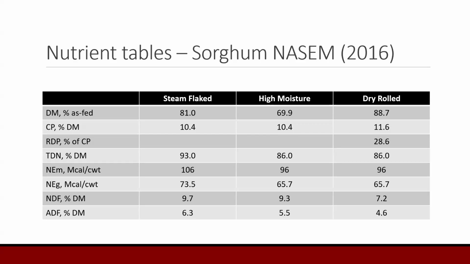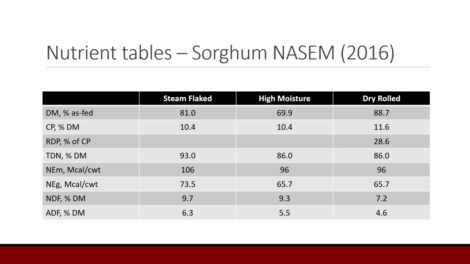So the percent increase in energy availability going from dry rolled to steam flaked is actually much greater for sorghum than it is for corn. So the value of steam flaking sorghum is a lot bigger than corn. That is because sorghum has a very hard pericarp.